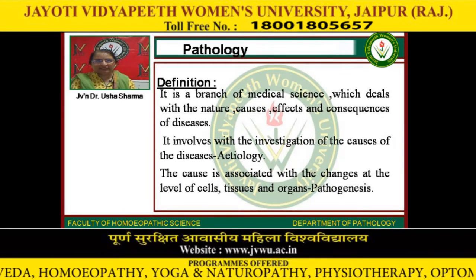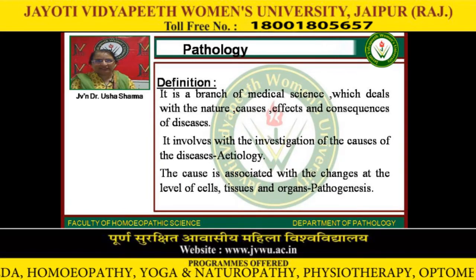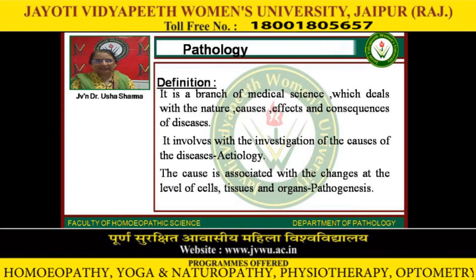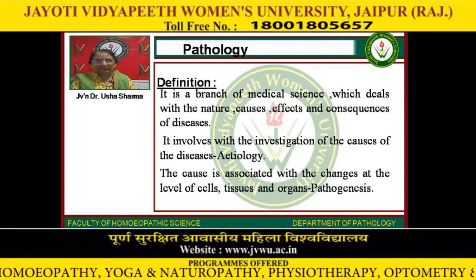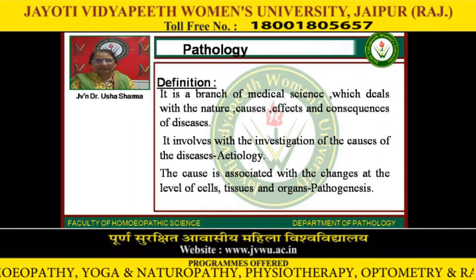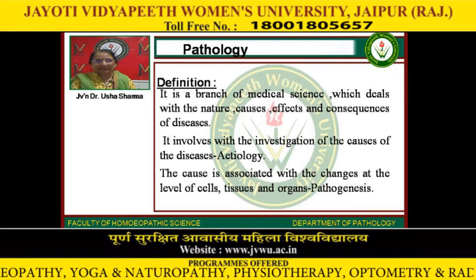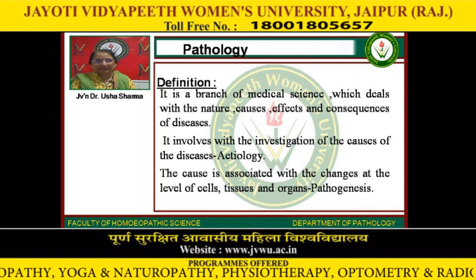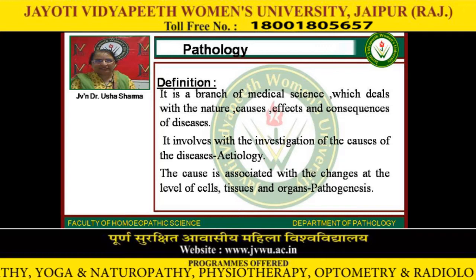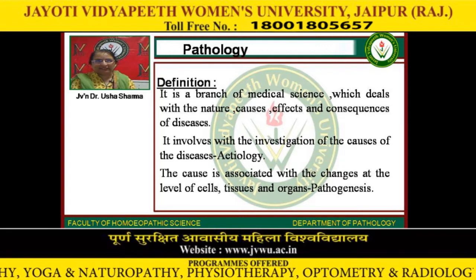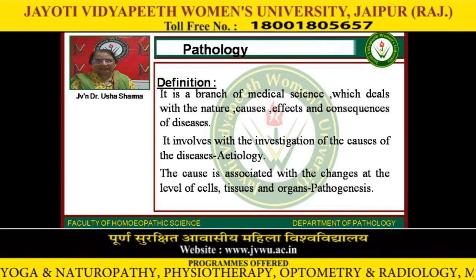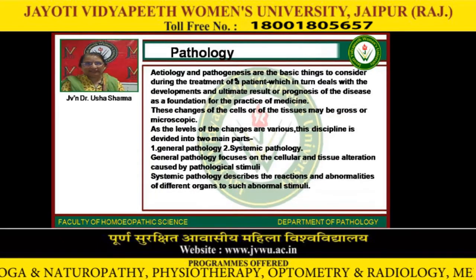Definition. It is a branch of medical science which deals with the nature, causes, effects and consequences of diseases. It involves the investigation of the causes of the diseases, that is etiology, and the cause is associated with the changes at the level of cells, tissues and organs, that is pathogenesis.